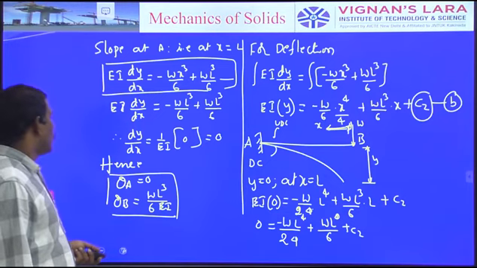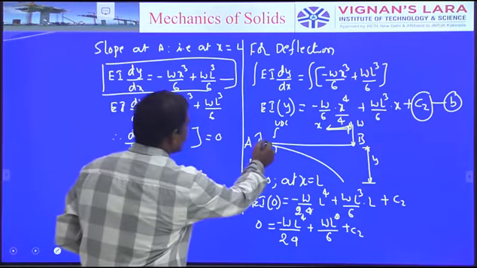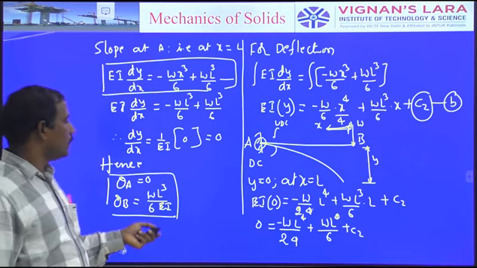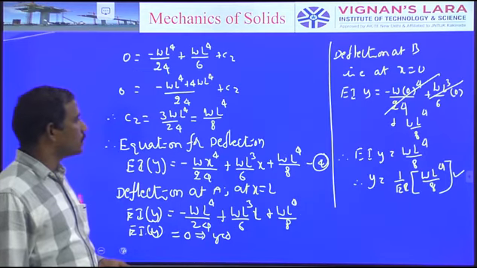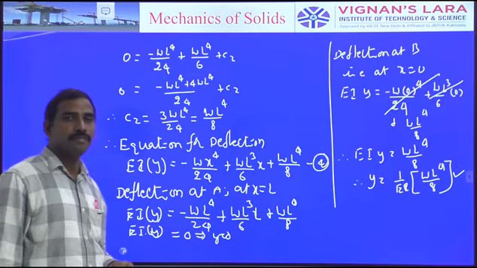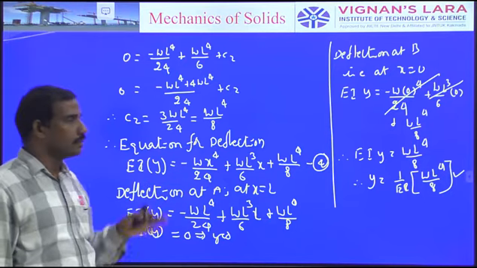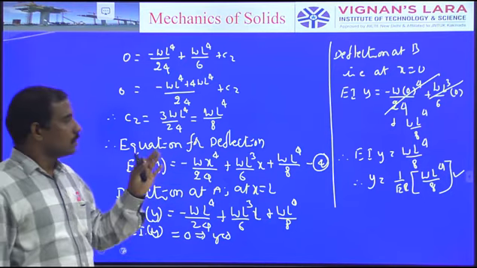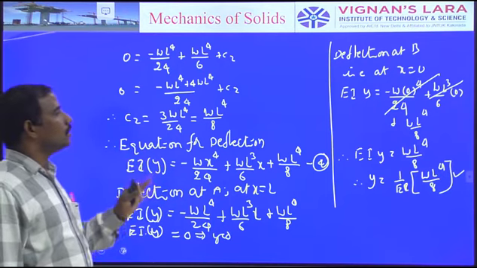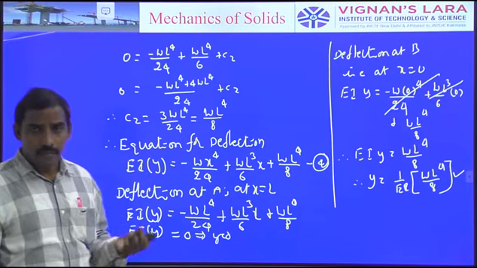Then apply the boundary conditions. Here the deflection is 0 at x is equal to L. Finally, the deflection is maximum at the free end and 0 at the fixed end. Finally, we can conclude regarding the boundary conditions. Always keep in mind that the slope and deflection are both 0 at the fixed end, whatever the loading system.